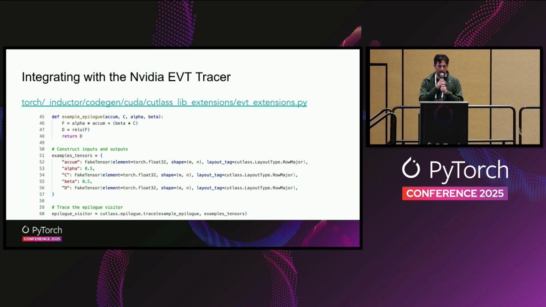In order to integrate with the Nvidia EVT tracer, you have to pass it some metadata through this API, where you define a dictionary that maps each name used in the example Epilogue to a fake tensor. These fake tensors are distinct from the PyTorch fake tensors in that they just encapsulate some metadata that the tracer will need to generate the correct CUTLASS code.